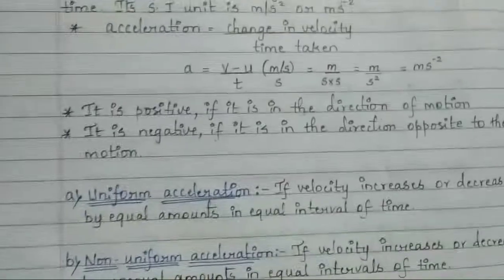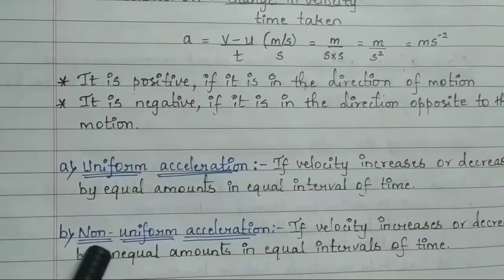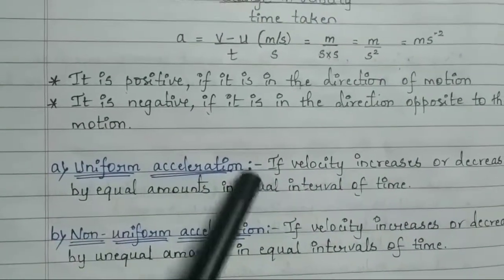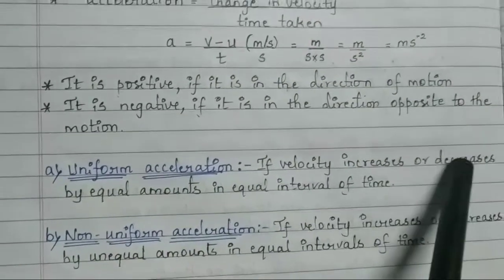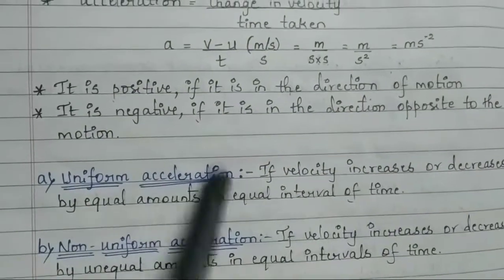There are two types of acceleration, that is uniform acceleration as well as non-uniform acceleration. So what is uniform acceleration? If your velocity increases or decreases by equal amounts in equal intervals of time, that is uniform acceleration.